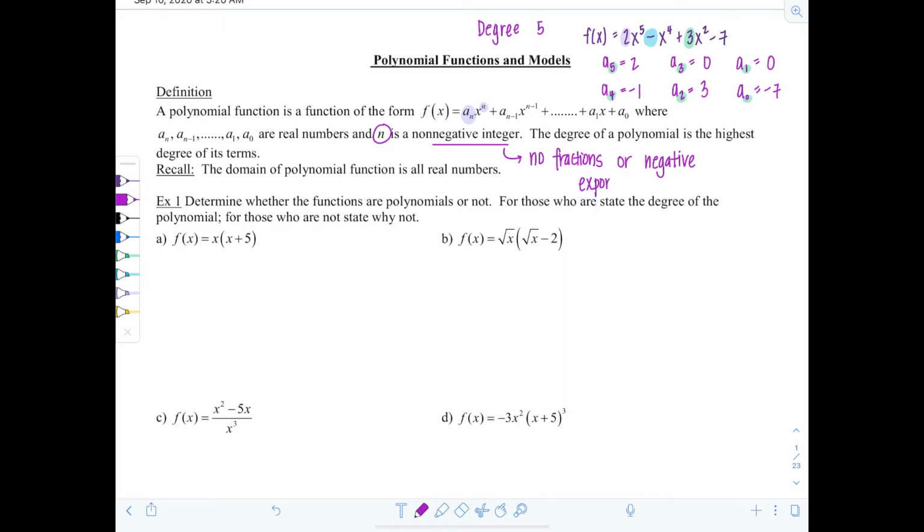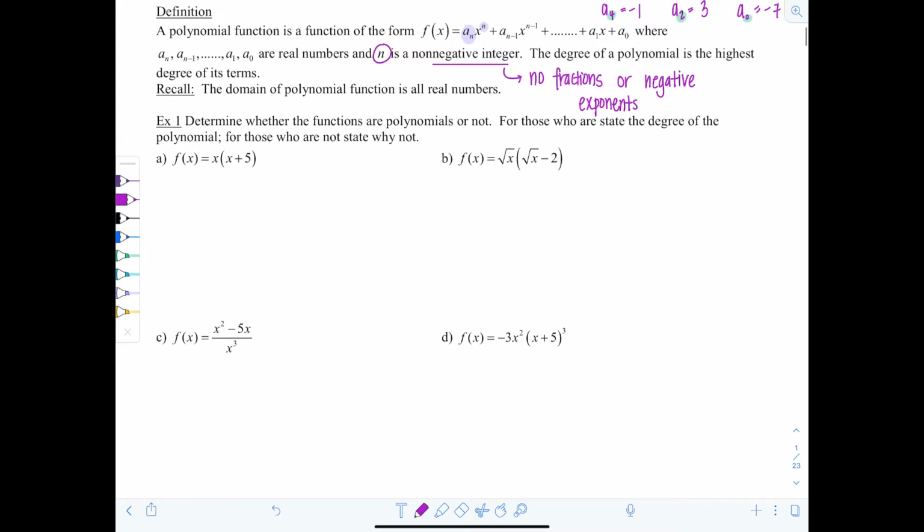So no fractions or negative exponents. All right, so for the following exercises, we're going to determine whether the functions are polynomials or not. And if they are, we're going to state the degree of the polynomial. And if not, we'll explain why not.